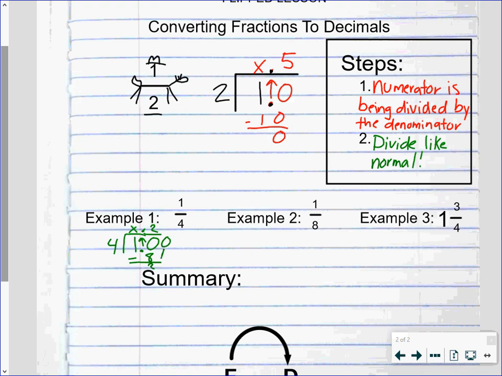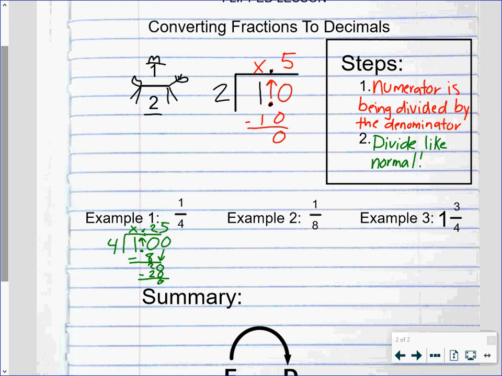We need to add another 0 and bring it down. Then we have 4 goes into 20 5 times. 4 times 5 is 20. And we have no remainders.